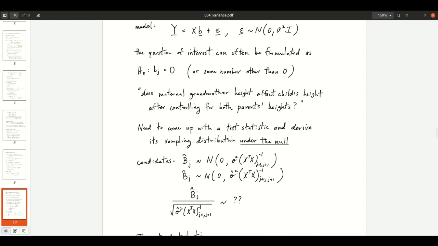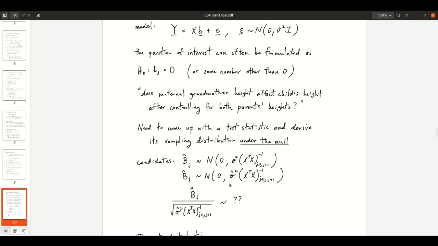Okay, so as a candidate, this is the sampling distribution, but we can't use this one as a test statistic because it contains information in the distribution that we don't know, namely sigma squared. We would need to know sigma squared to use this sampling distribution. So one alternative would be to plug in our estimate and use this.